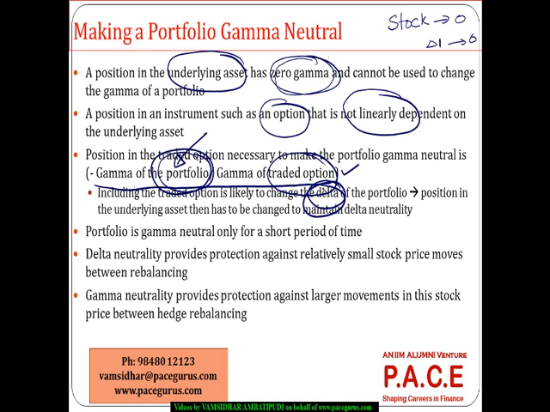So once I make the portfolio gamma neutral, then based on the new delta created by the addition of that option, I will take a position in the underlying asset to make the portfolio delta neutral, because adding the underlying asset will not introduce any new gamma, as its gamma is 0. So my portfolio will become both gamma neutral as well as delta neutral.